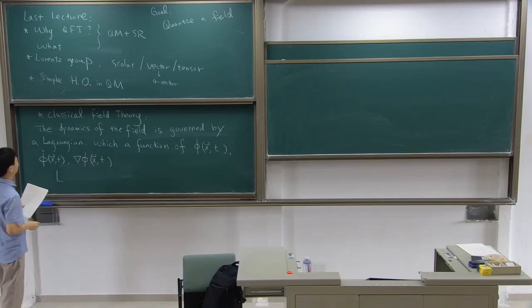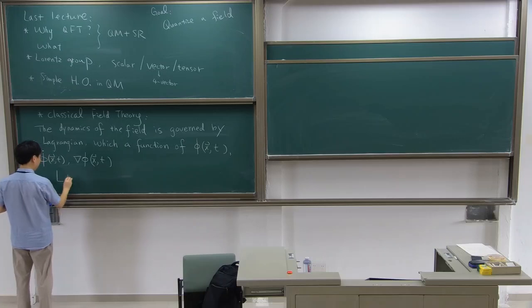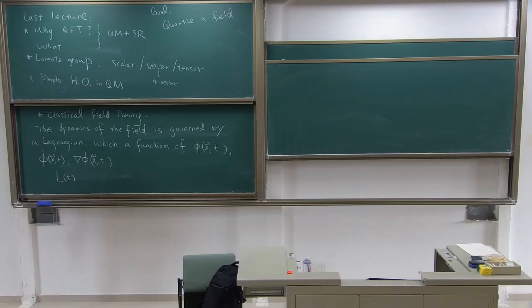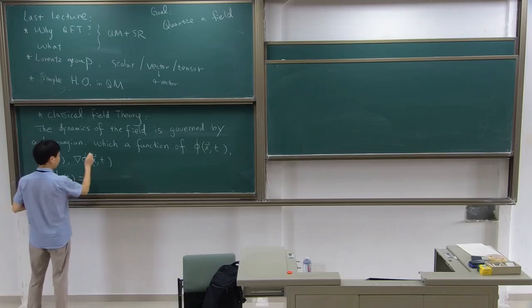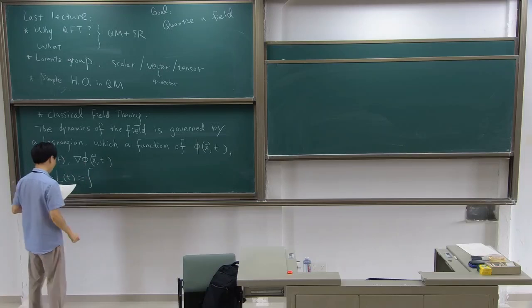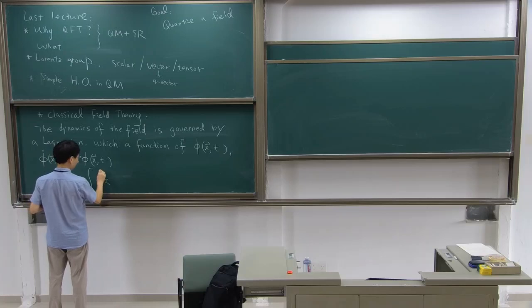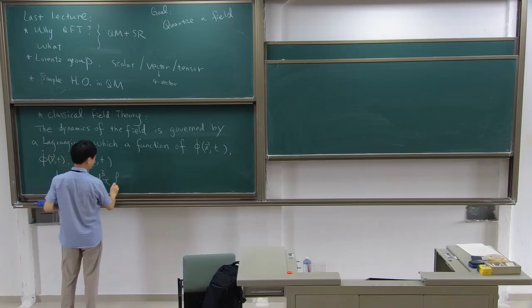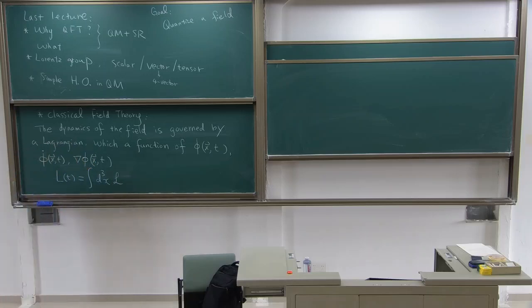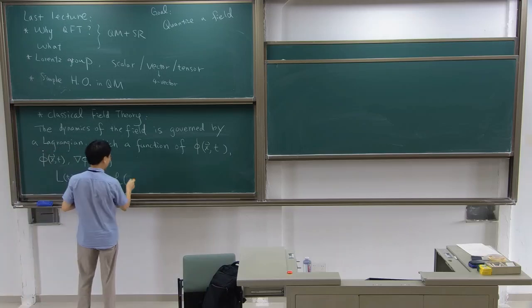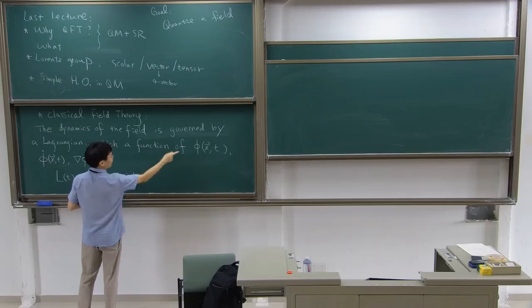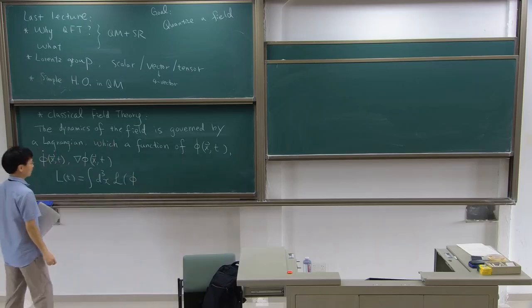For the Lagrangian, we use this capital L. We know from classical mechanics it's a function of time. Since this is the field theory, it also involves space. So we also define something called the Lagrange density, which we denote with this curly L. And as I said, this is a function of phi, the field itself, phi.